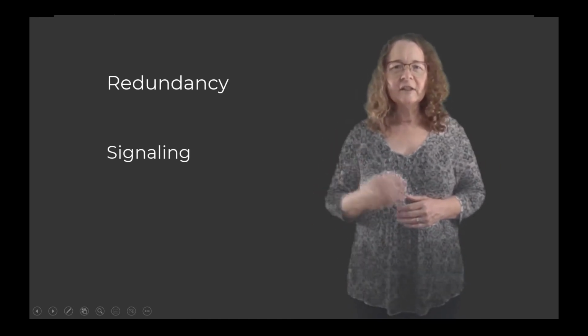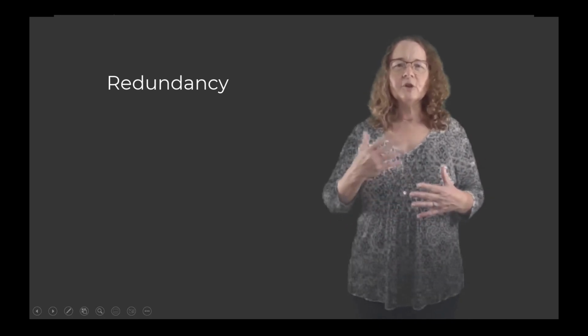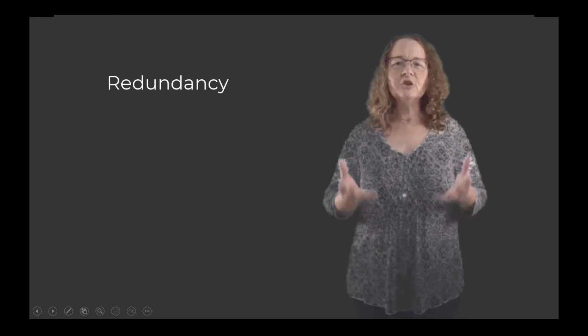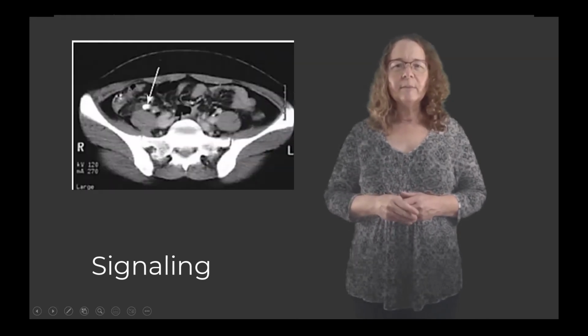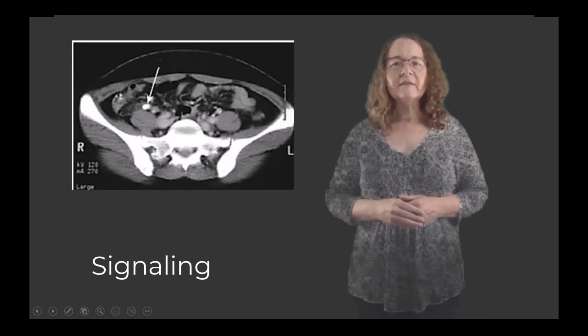Several principles we need to think about then: the redundancy principle and the signaling principle. So redundancy principle is using items over and over, getting too much into their brain so they just don't even want to remember it anymore. And signaling would be pointing things out. So in anatomy, we might point things out on an x-ray, and in this example, like the appendix.